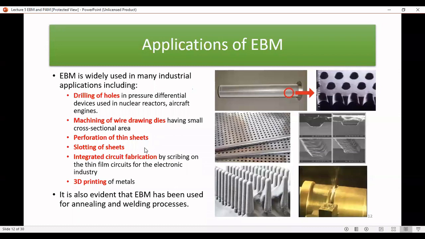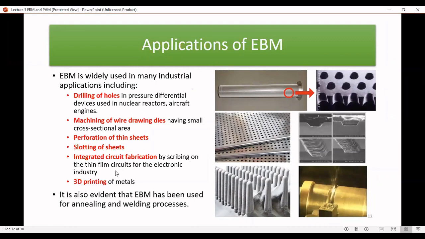Or preparation of thin sheets, so you can make a slot on the thin sheet. Integrated circuit fabrication, 3D printing of metals. So one of the applications of EBM is 3D printing of metals. This is not for machining.